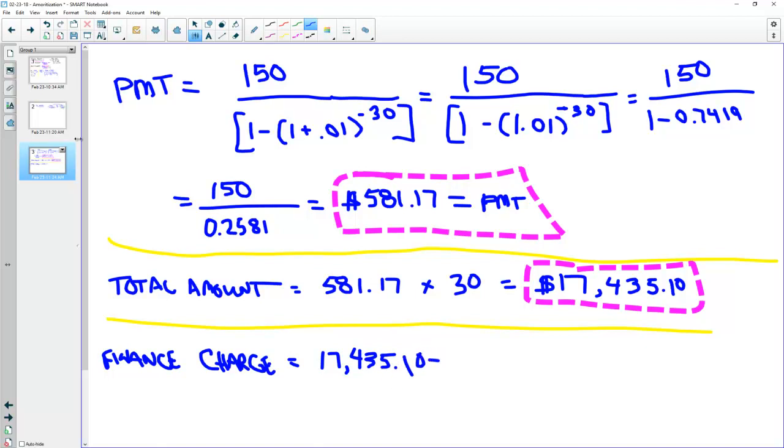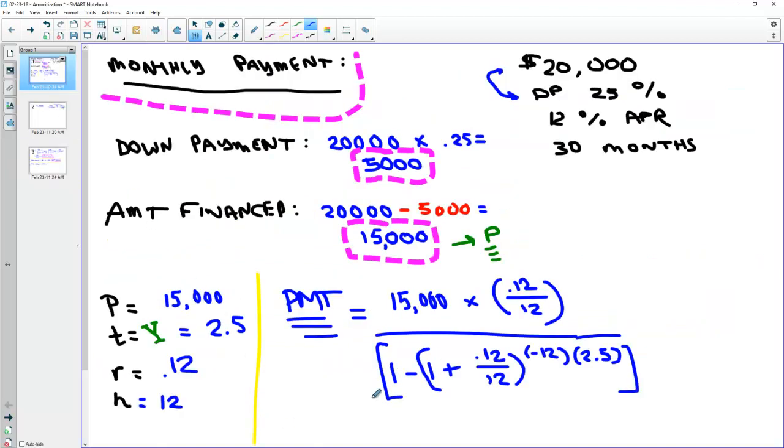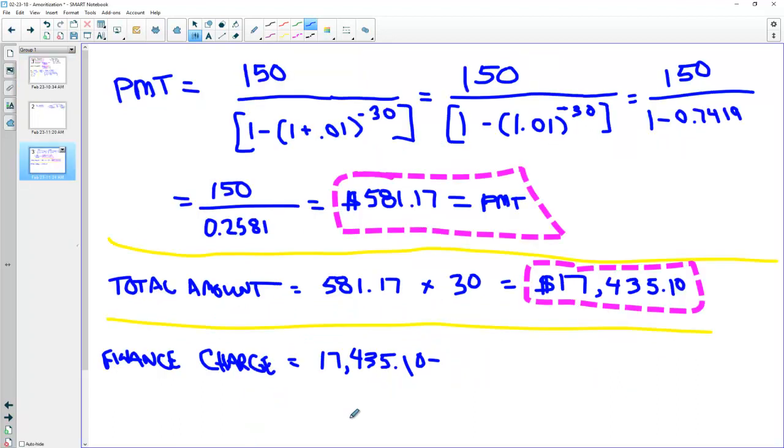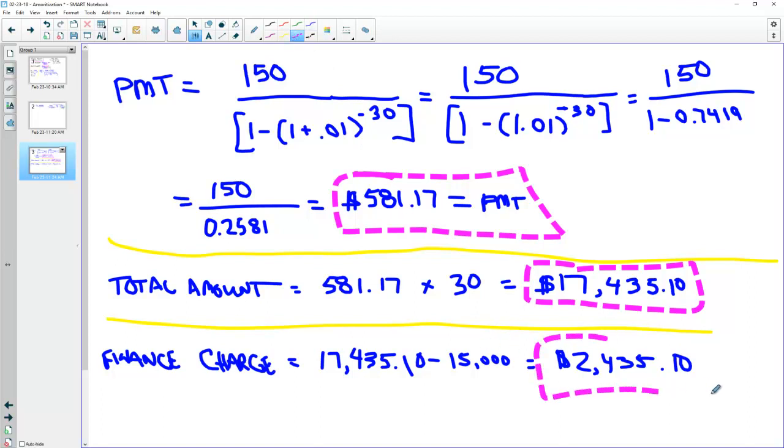If you go back all the way to here, our principal was 15,000, because that's how much we're borrowing. So we subtract 15,000. It's going to be 2,435.10, and that's your finance charge. So that's how you calculate that problem.